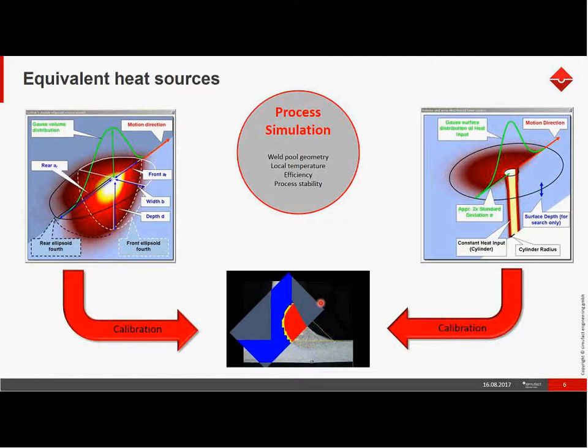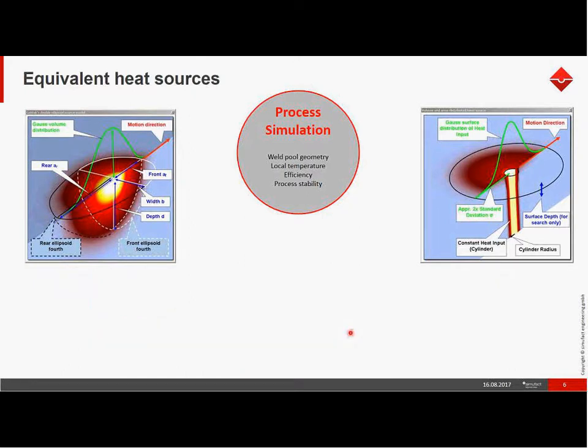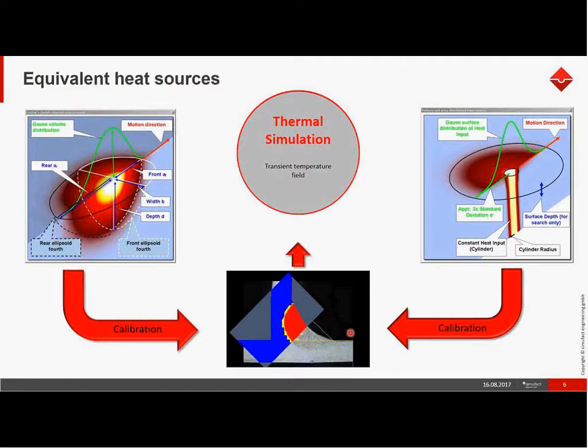Usually the very easy way is to do a quick thermal simulation and then compare the energy or the shape of the melt pool that you get with something like a micrograph cross section. What you get from this is a calibrated three-dimensional heat source, and then you swap your process simulation with a simple thermal simulation that gives you the transient temperature field.